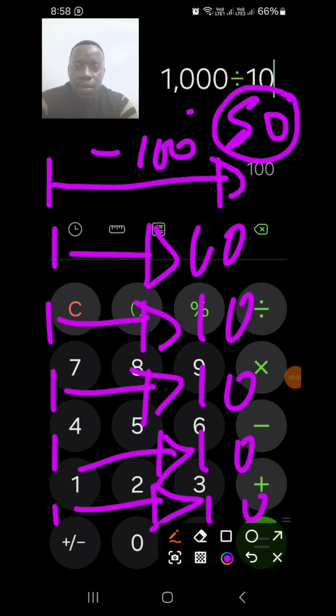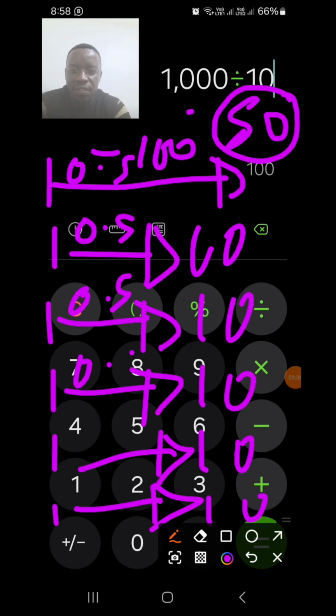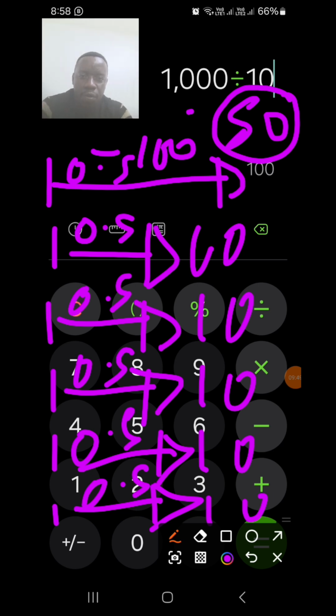It means where there is 1 here, we will put 0.5, 0.5, 0.5, 0.5. So if you multiply 0.5 times 100, you will get 50. So that is our call drop, 50. Guys, that's how to calculate the call drop.